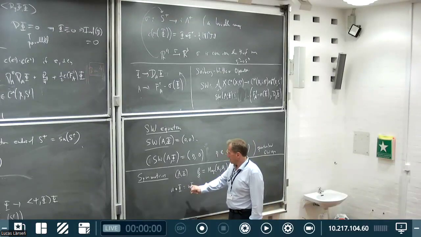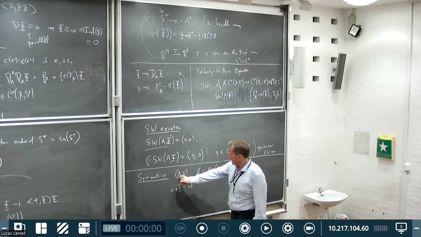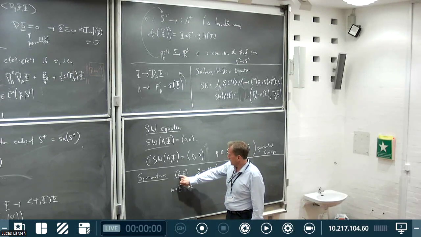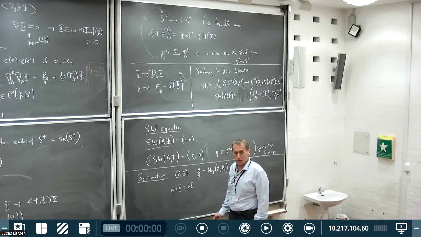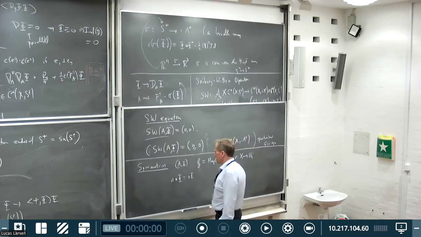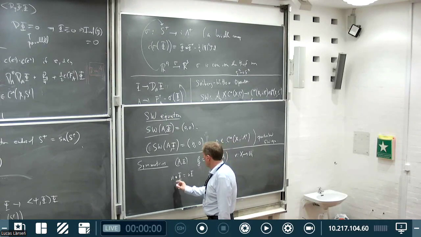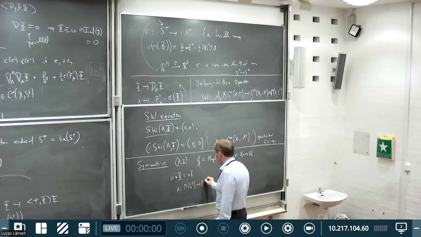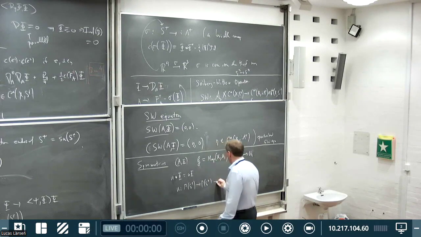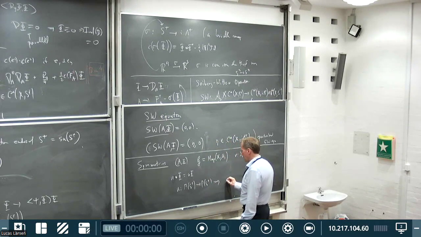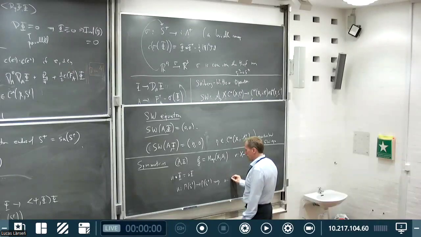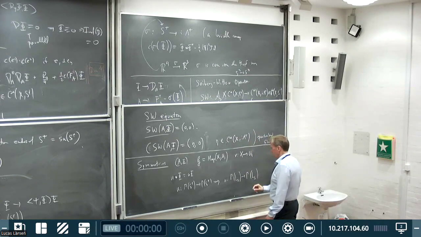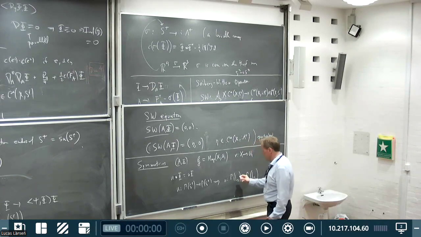Now, I need to be a little bit careful. I want the Dirac equation to be preserved, and I need a way of acting on connections to do that. The only tricky thing is that this u maps sections of S plus to sections of S plus, and it induces a map on sections of the determinant bundle.